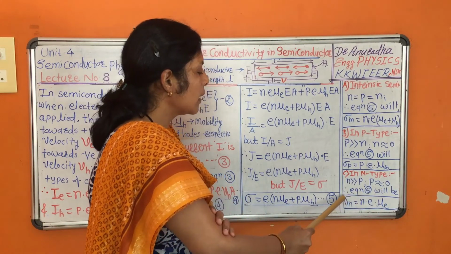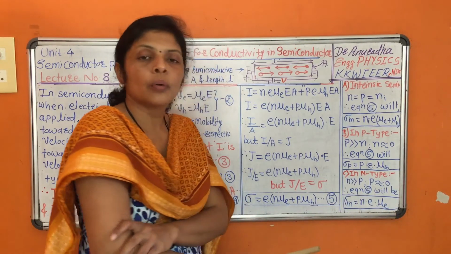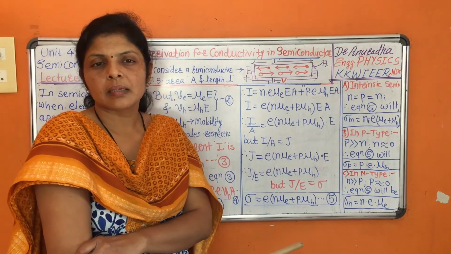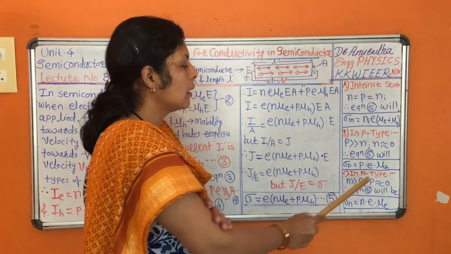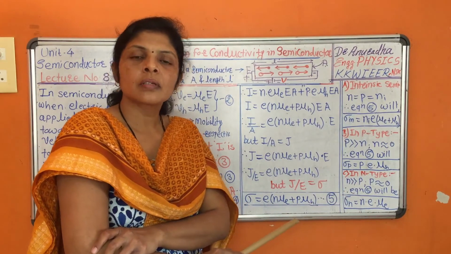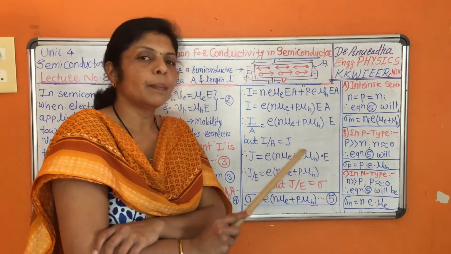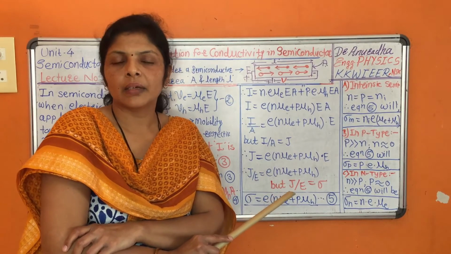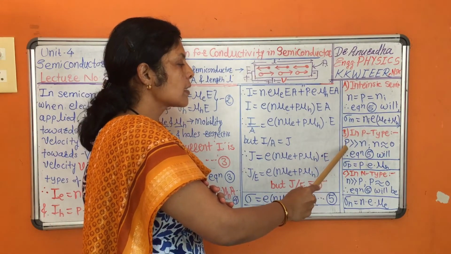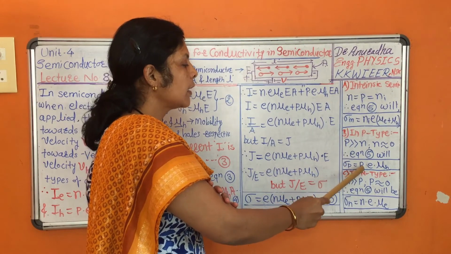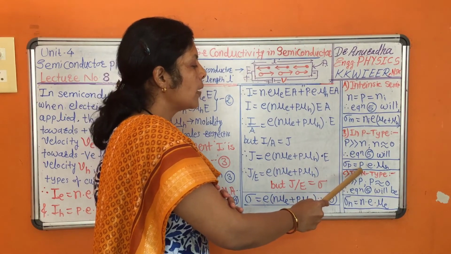This is the similar equation that we achieved for conductivity in conductors. In conductors and in n-type semiconductor the case is very similar, because in both of them the majority charge carriers are the electrons. In p-type semiconductor, majority charge carriers are holes, and hence the equation remains only with respect to hole density.